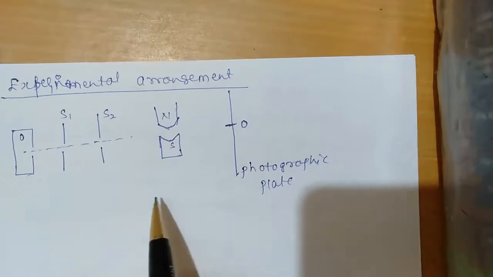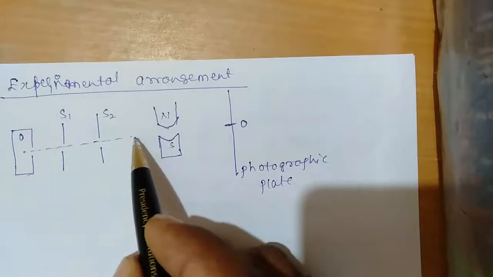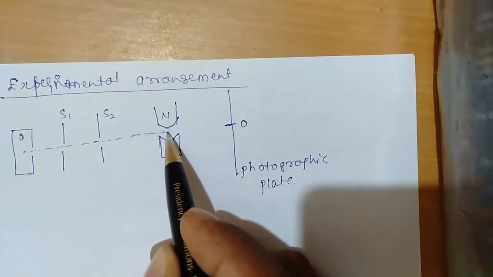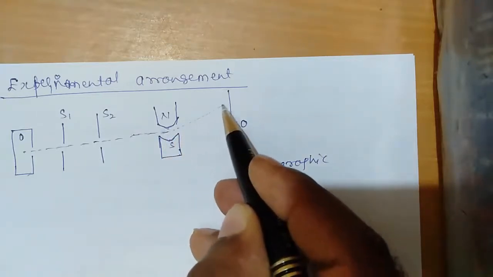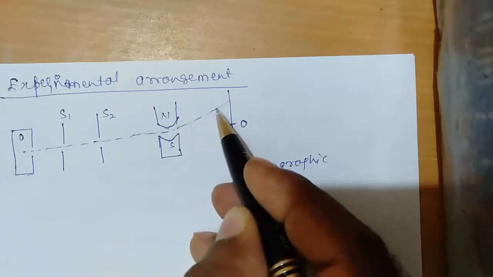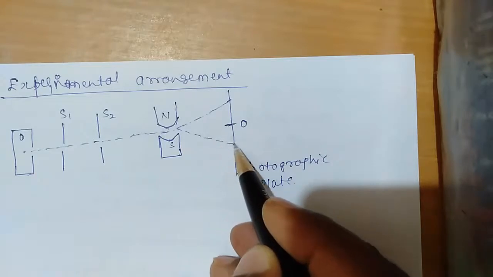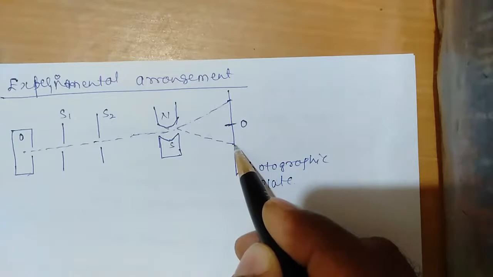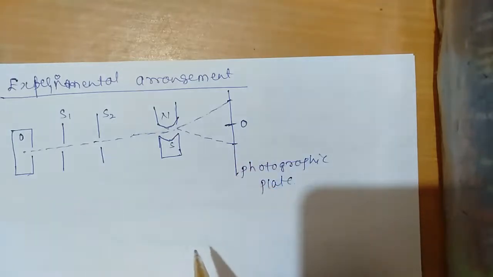Now when the magnetic field is switched on and the silver atoms enter the non-uniform magnetic field, those atoms having a positive spin will be concentrated at the upper part of the screen, and those atoms having the opposite spin will be concentrated at the lower end of the photographic plate.